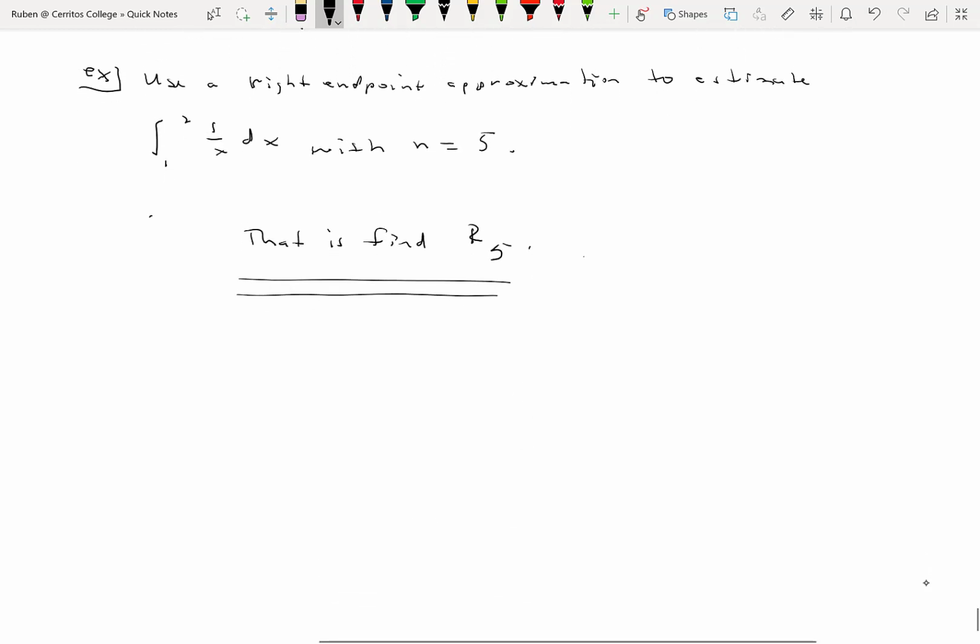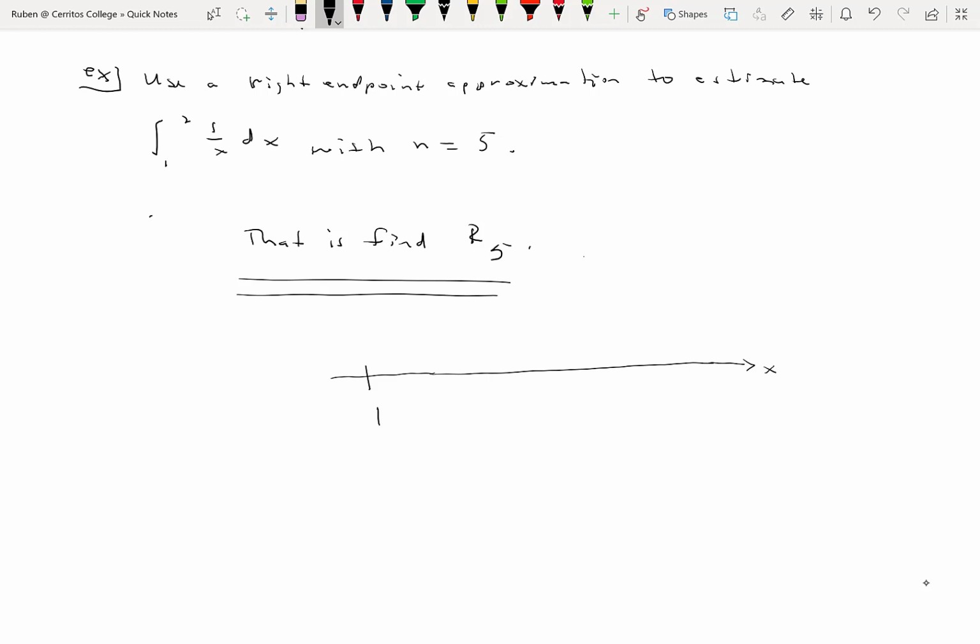Okay. Now to do these problems, I think it would be a good idea for you to consider not a graph of the function, that's not really necessary here, but just a graph of the part of the x-axis that we're considering. So it's real useful, in setting up these problems, to draw a picture of the x-axis between the 2 points we're integrating. So we're integrating between 1 and 2. So here's x equals 1.